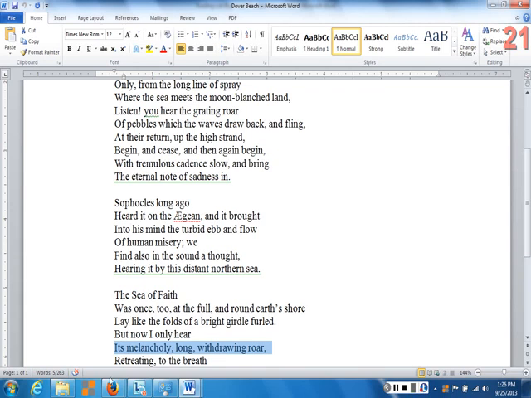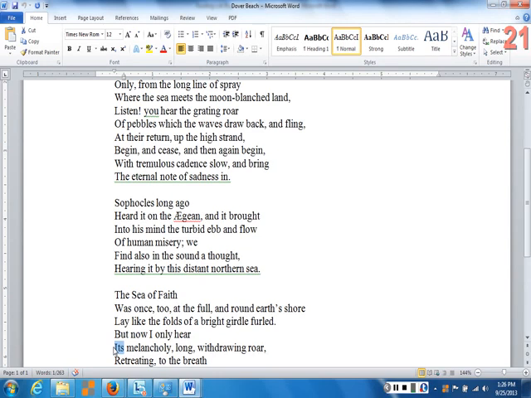What is its antecedent again? Its is the sea of faith. Back to his ocean metaphor. Its is the sea of faith, and it is withdrawing. The ocean is withdrawing.